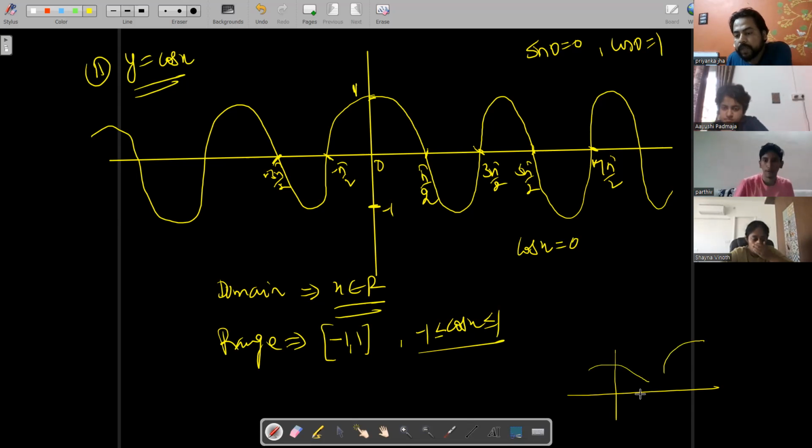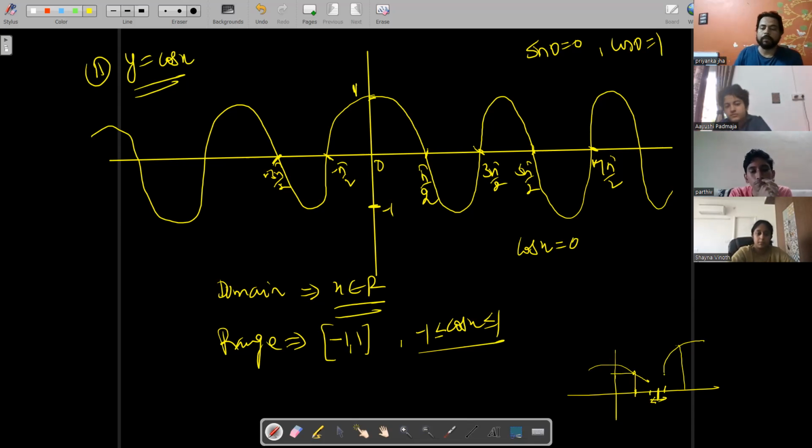For this x, there is a curve here, you can get this value. For this x, you can get this value. But between this interval, if you take this x at this value, there is no curve here. There is a gap. It means that the function does not exist for this interval. Got it.